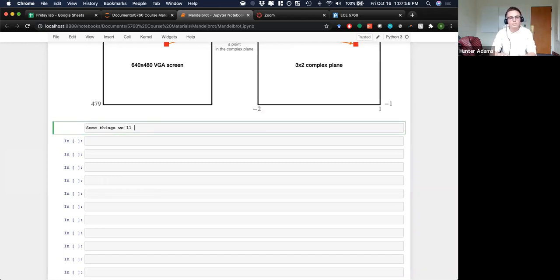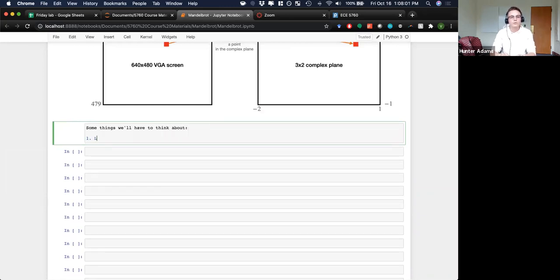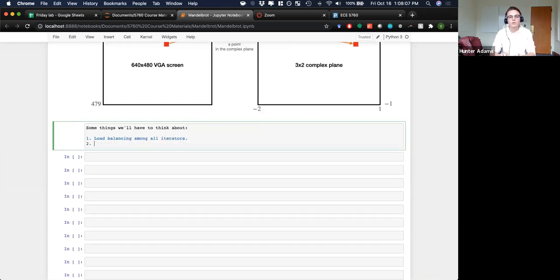Some things we'll have to think about. We will have to think about load balancing among all iterators. We'll have to think about serial bottlenecks. For example, how are you going to dispatch new pixels to each solver?